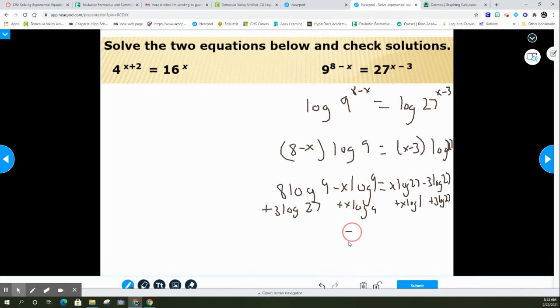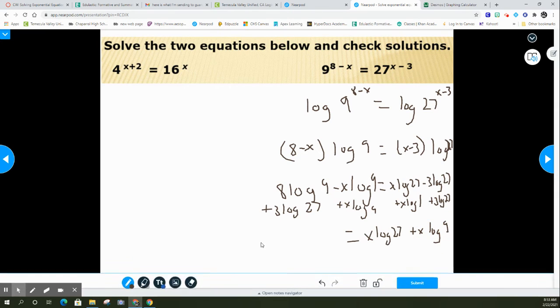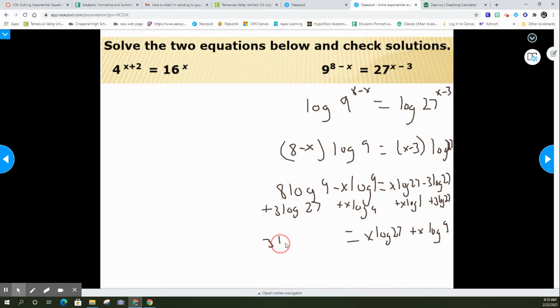And so I'm going to get on this side x log 27 plus x log 9. And on this side, 3 log 27 plus 8 log 9.